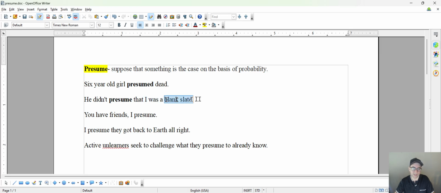A blank slate was like a slab of stone, a piece of flat stone, almost like paper, but a little thicker. And ancient people used to write on these slates thousands and thousands of years ago. Because back then, they didn't have paper and pen like we do today. So that was the case.